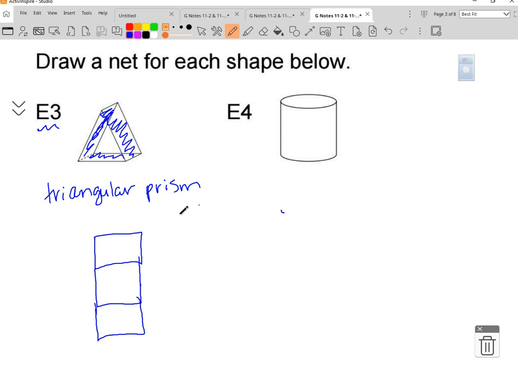So just to be consistent, I'm going to put a triangle there and a triangle there. It does not matter where you put these triangles as long as one is on each side. You can't have 2 there because these would cover the same spot. I mean, one is not covered. Does that make sense?